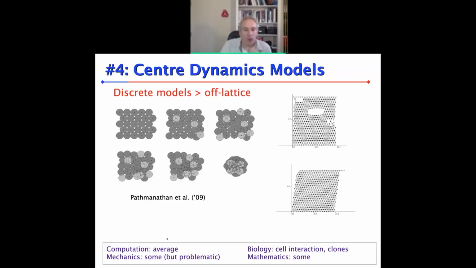Again, the computations are, I would say, trivial in 2D, but in 3D that becomes a little more time-consuming or harder to do. There's some mechanics, but I just showed you it can be problematic. But people have worked for a long time on these, and they have a good feel for the type of potential. The phenomenology has been developed in a way that matches well a lot of soft tissue.